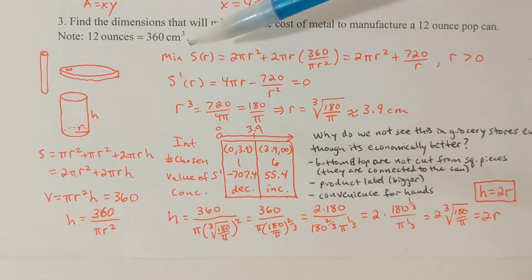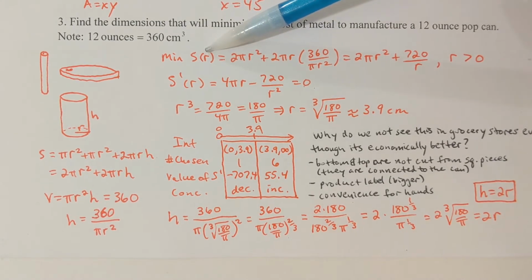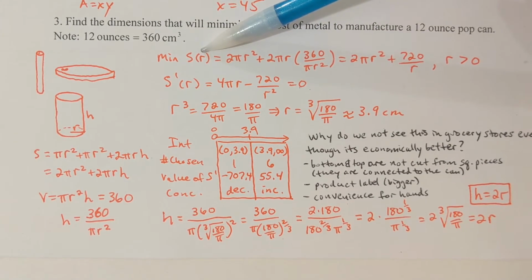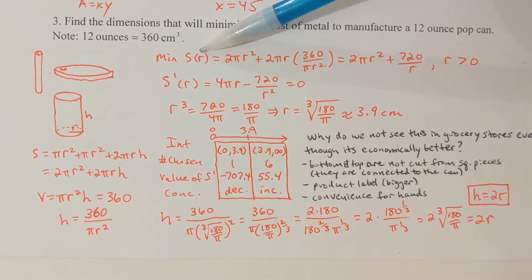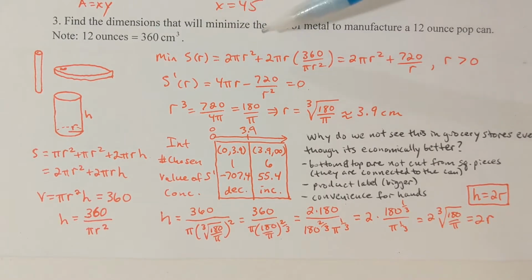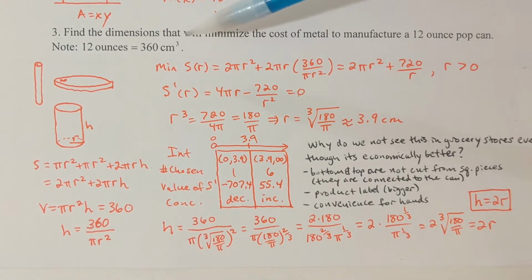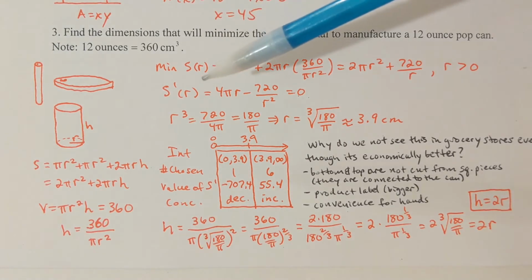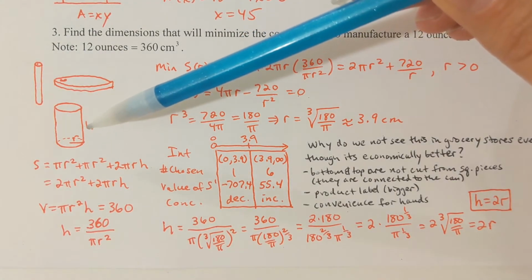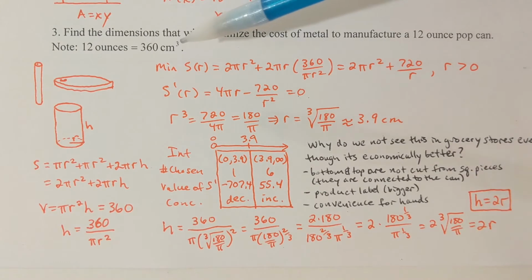Now, I'm going to be minimizing the surface area as a function of the radius. And I would like the function to be only in terms of r. Now they told me that this is a 12-ounce pop can. There's 360 cubic centimeters in 12 ounces. Now, the volume is what's given here, 360 cubic centimeters.